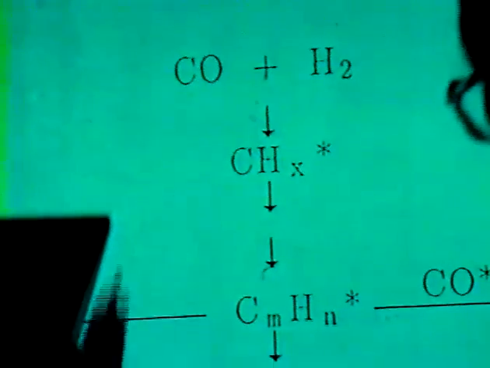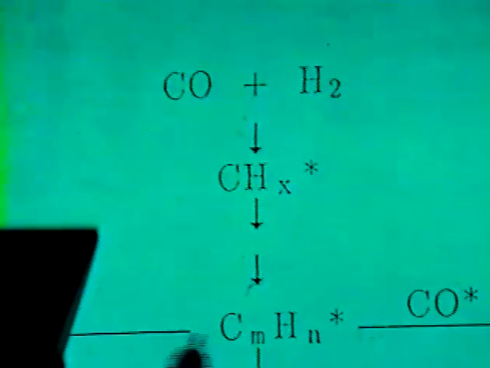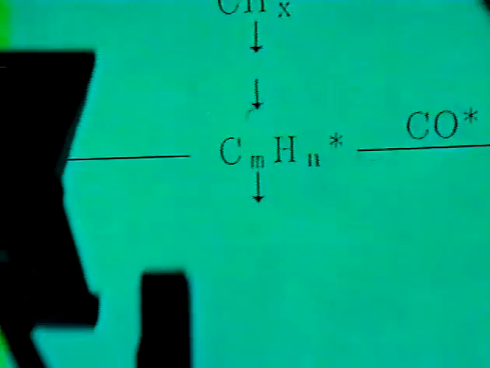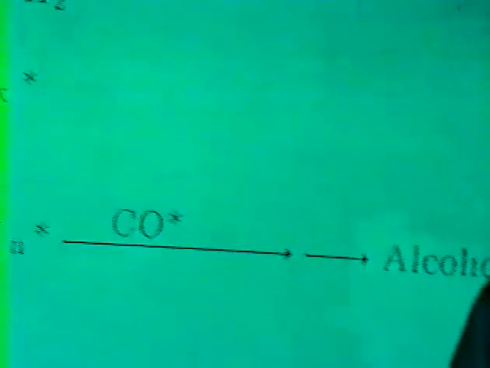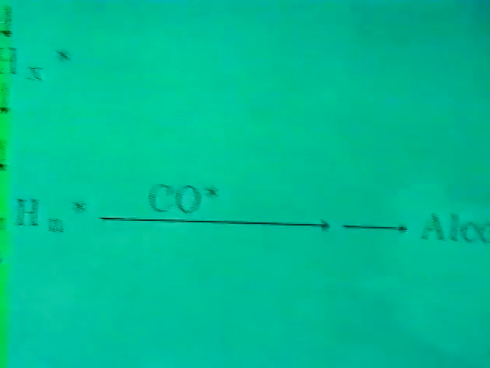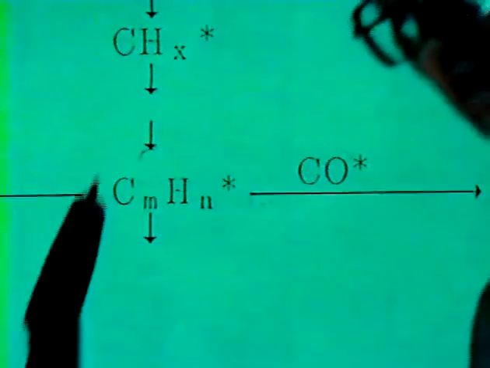From this hydrocarbon intermediate, in order to form the alcohol, you have to do two things. First, you have to kill or block the hydrogenation site, which is in competition with the alcohol formation. The alcohol promoter seems to achieve this by distributing uniformly over the molybdenum sulfide and blocking the hydrogenation site.